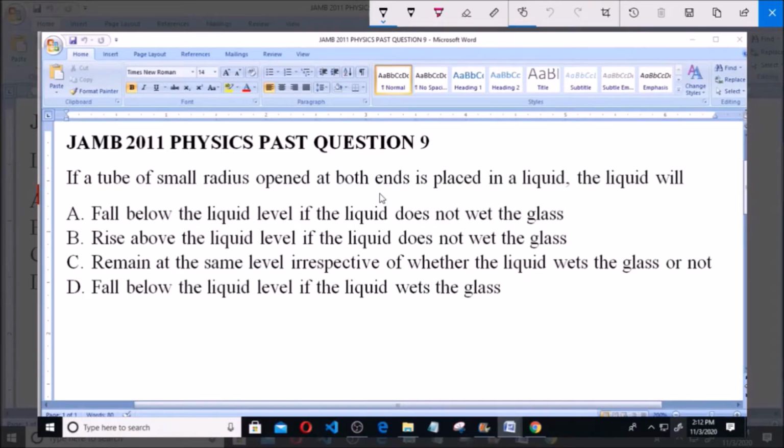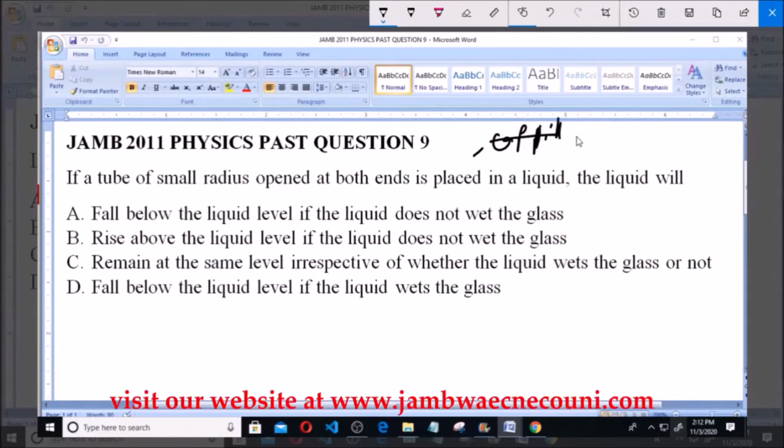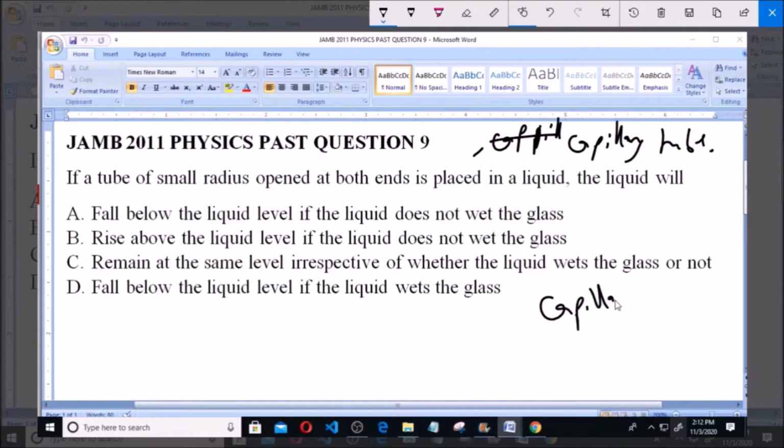So when you open a tube at both ends, what you are trying to form is a capillary tube, and you are trying to study capillary action or capillarity.